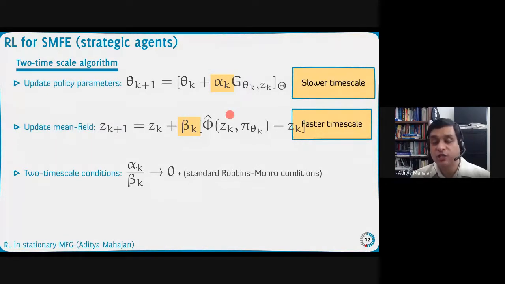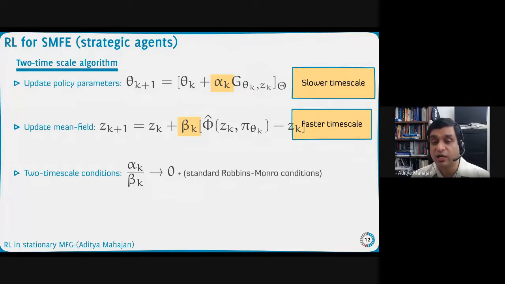There are also conditions on Lipschitz constants of these gradient estimates, and I guess the noise in the unbiased gradient estimates should have finite variance. So those are the types of conditions that we have for convergence of 2-time scale algorithms.